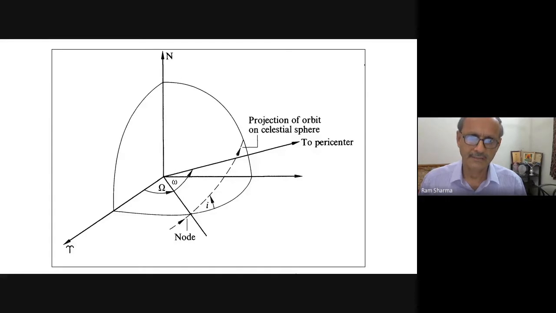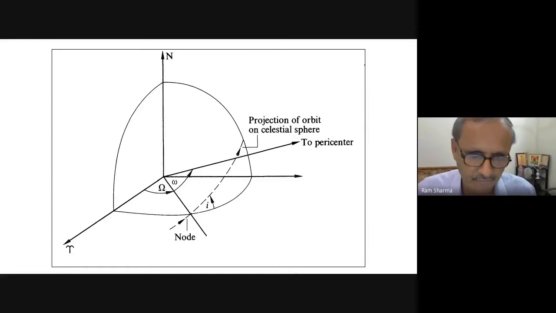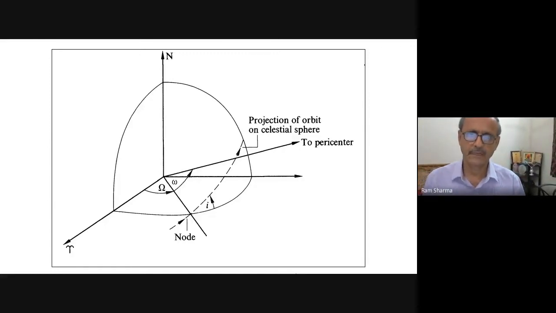To understand that very clearly, this figure gives capital omega, small omega, and inclination. These are the three parameters. Inclination is the angle between the XY plane and the orbital plane, and capital omega is the angle from the x-axis to where the orbital plane cuts the XY plane, the line from the center to the ascending node.